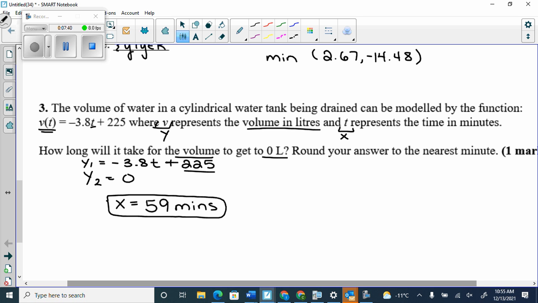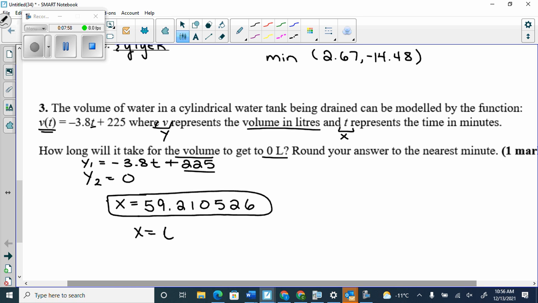If it says the volume get to 0, it would technically take 60, because it's 59.2. You're right. You would have to round up.